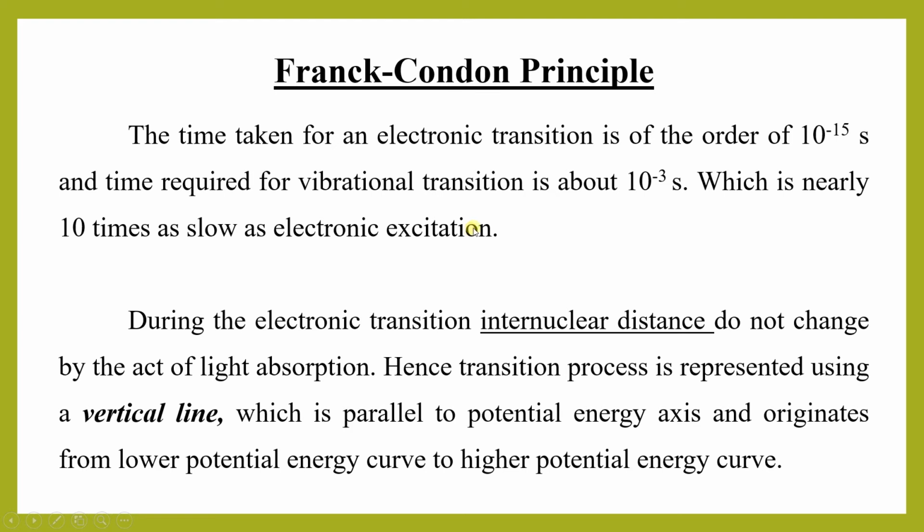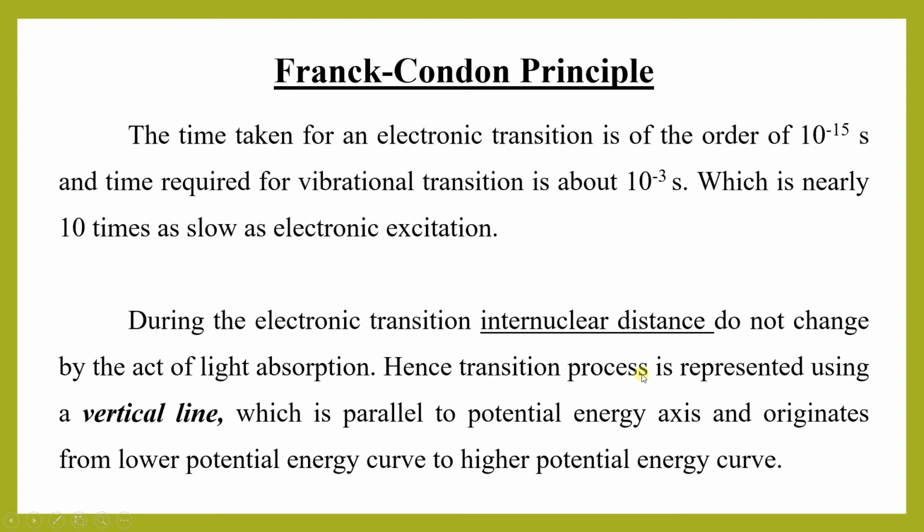So here the internuclear distance does not change, that is, the nucleus will not change its position and momentum. During the electronic transition the internuclear distance does not change. This is very important: the internuclear distance does not change by the act of light absorption.